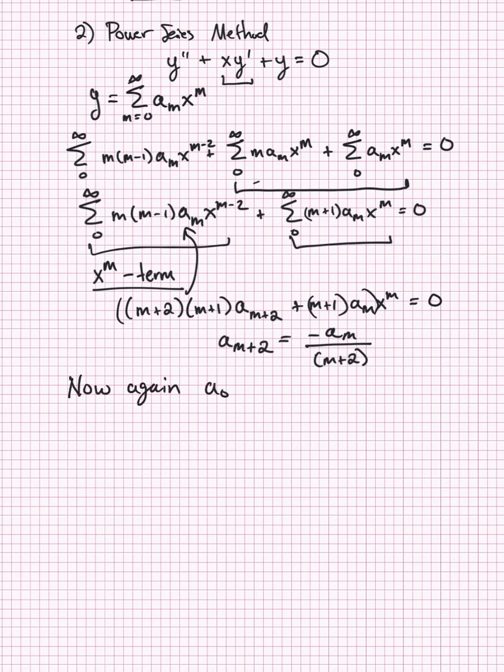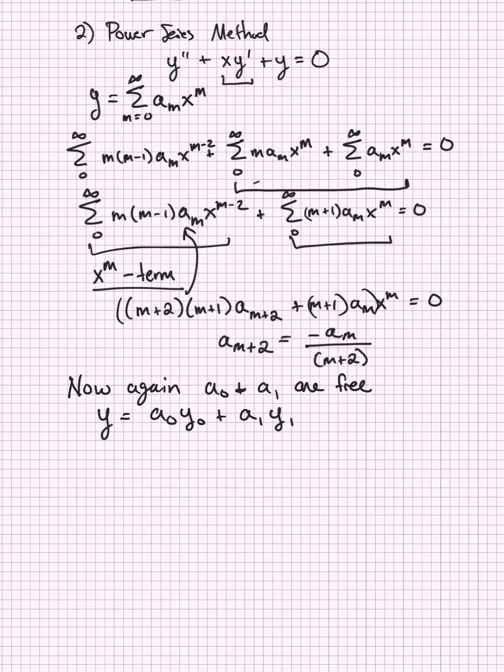Okay, so now again, I'll write my general solution. So a0 and a1 are free. And I can write y is again a0 y0 plus a1 y1. Same coefficients, so we're setting a0 to be 1 and a1 to be 0 for y0, and vice versa for y1.